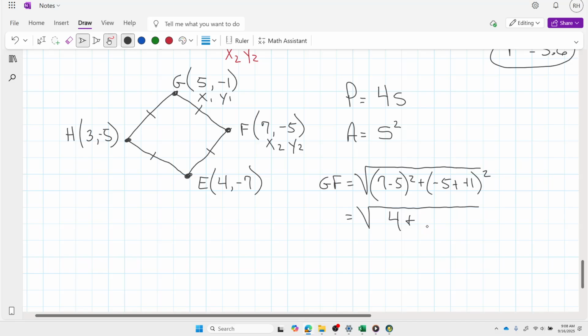Squared is 16, so we need the square root of 20.